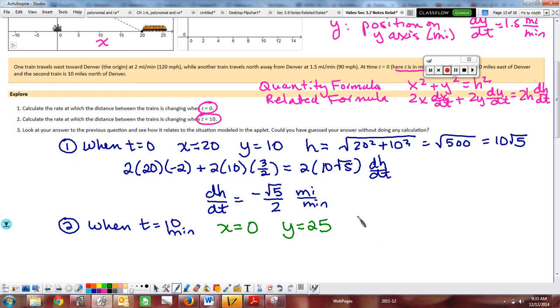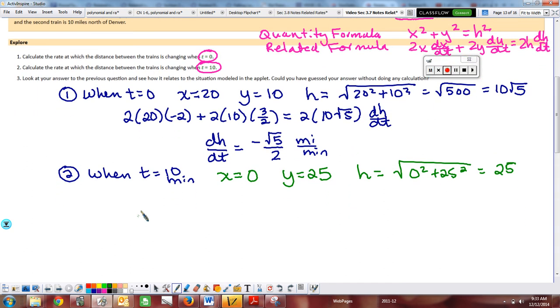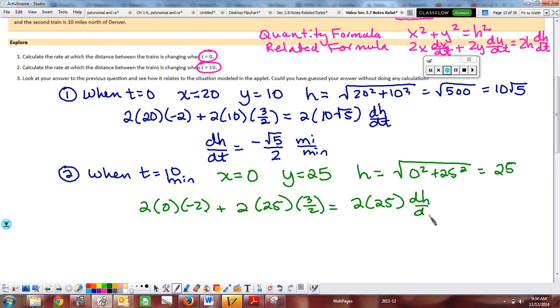And my h at that time, because you're going to need that to plug in, would then be square root of 0 squared plus 25 squared, or 25. So now I have everything I need to plug and chug, so we basically put everything in. We have our 2 times our x, which is kind of nice, times our dx/dt, plus 2 times our y, times our dy/dt, which was 3 halves, equals 2 times my h times the dh/dt that we're trying to solve for.